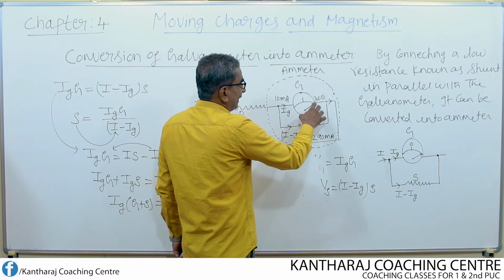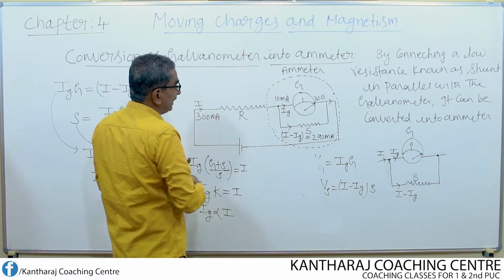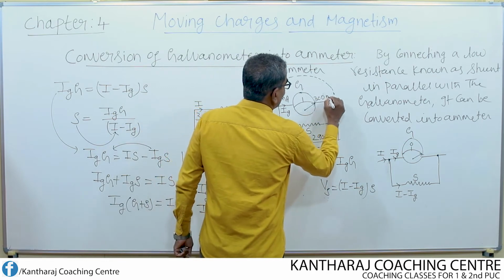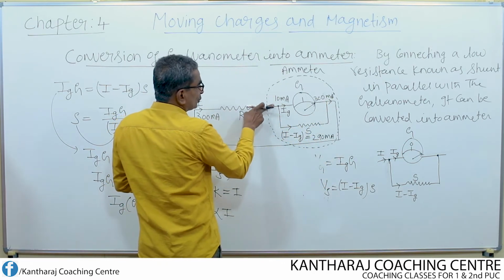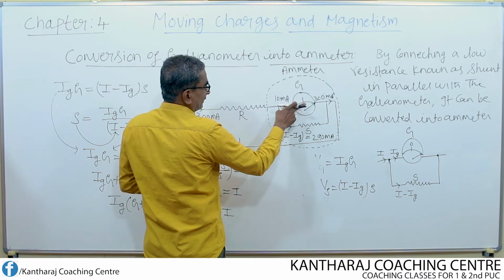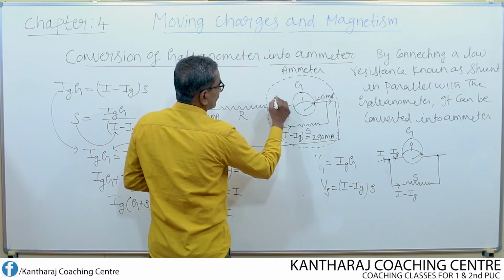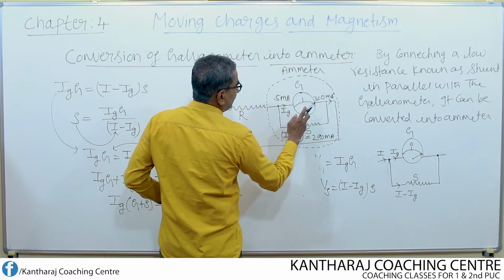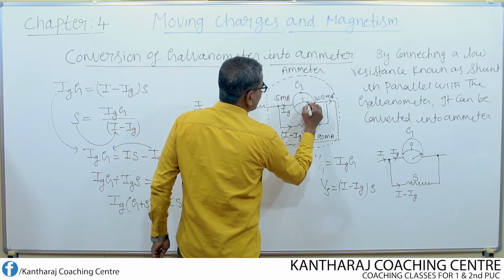So here I mark this point as 300, that means 300 milliamp is the current. Suppose through this galvanometer 5 milliamp flows, then the pointer, instead of showing full scale deflection, may show a deflection like this.